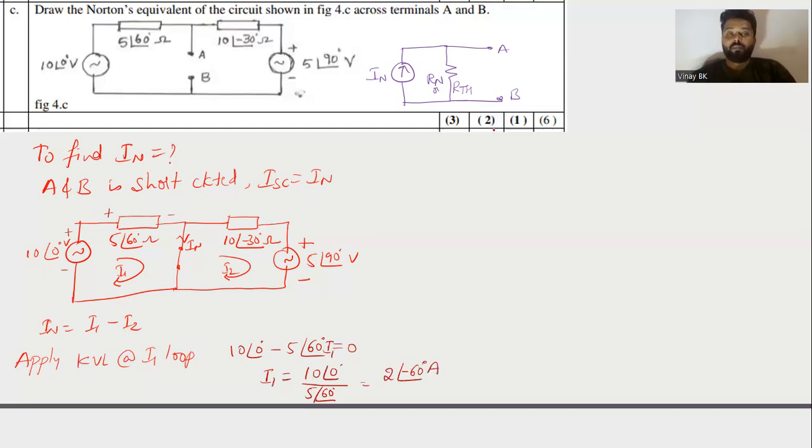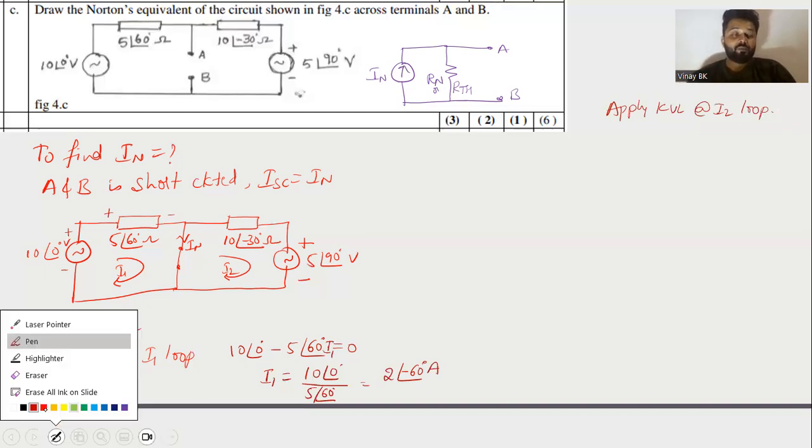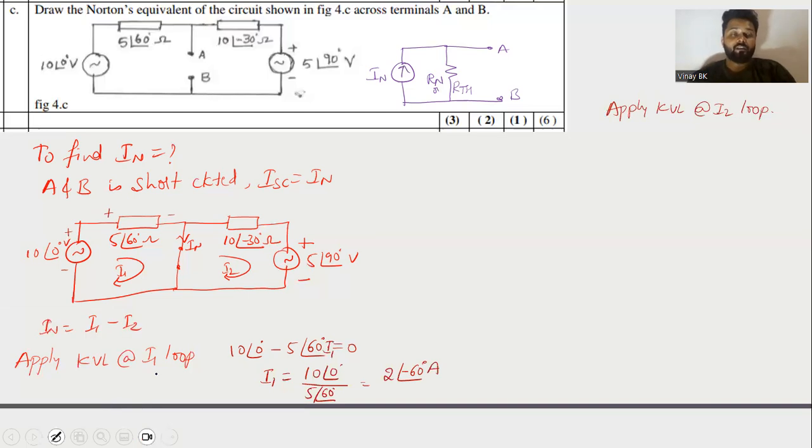Clear? Similarly, apply KVL at the I2 loop. If you're applying KVL at loop 2, you need to write the plus and minus as given, this is plus and this is minus based on the direction of current.